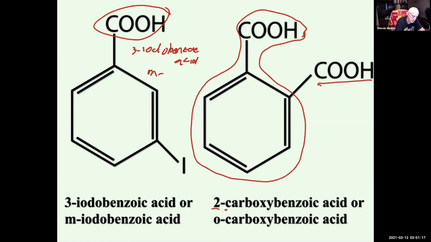So 2-carboxy benzoic acid, or ortho carboxy benzoic acid, because there's another carboxyl group at the ortho position, at the number 2 position. So remember, OH groups are, if they're not the main substituent for the function group, they're hydroxy. Carboxylic acids are carboxy, if they're not on the main chain, if they're a substituent attachment.